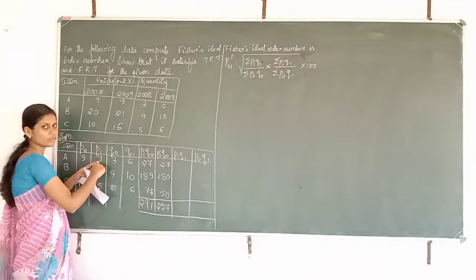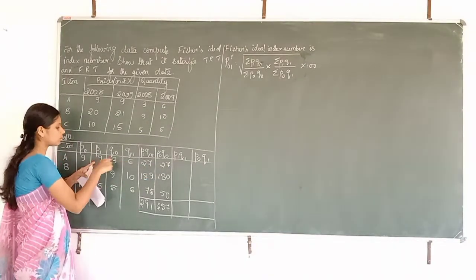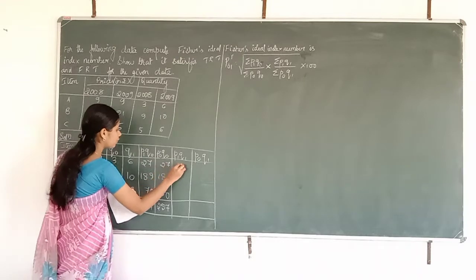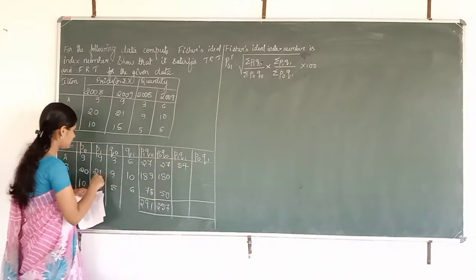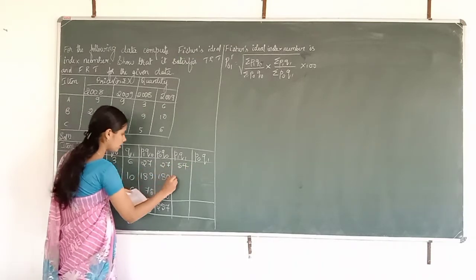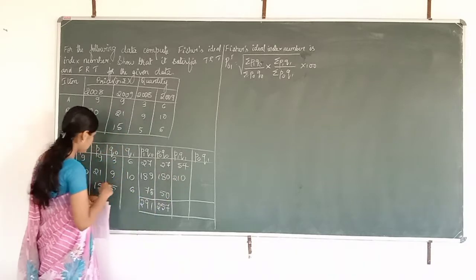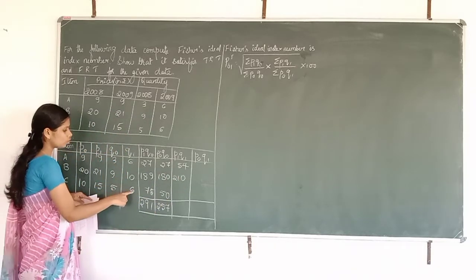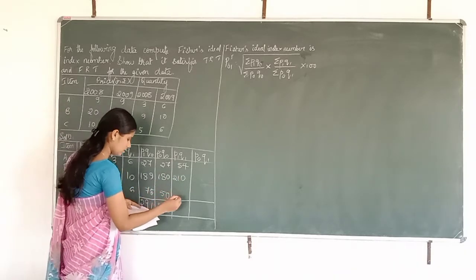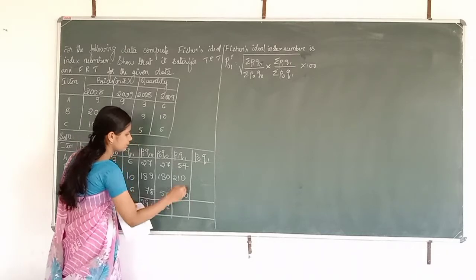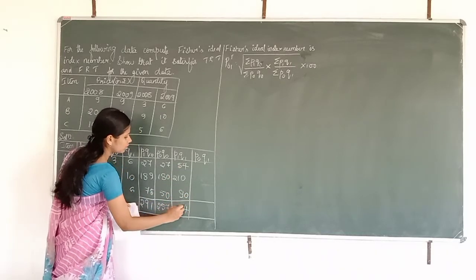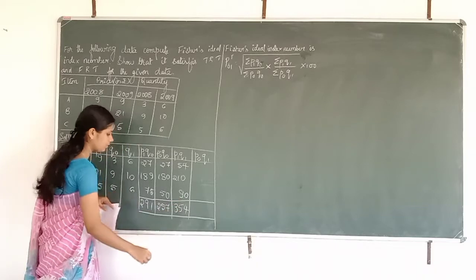That means you are going to multiply P1 column with Q1 column. 9 into 6, 54. Then 21 into 10, 210. Next, 15 into 6, it is 90. Make the total, it is 354.